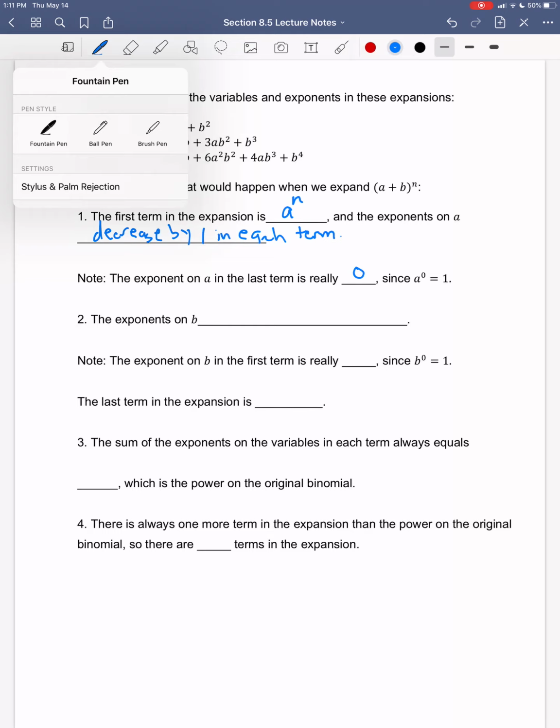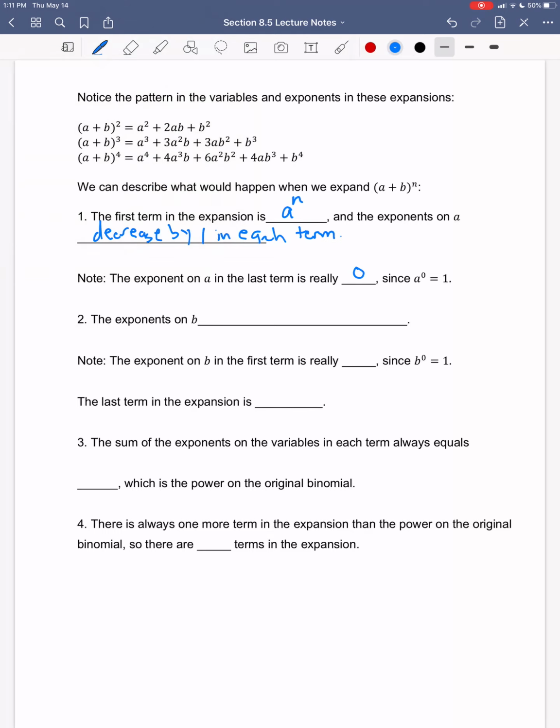So I could really say that in each of these cases I could throw on a little a to the 0. That wouldn't change anything. So then I've got a to the fourth, a to the third, a to the second, a to the first, a to the 0. Get rid of those though, it sort of makes it a little messy there.